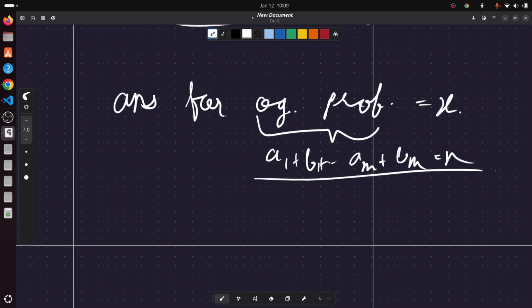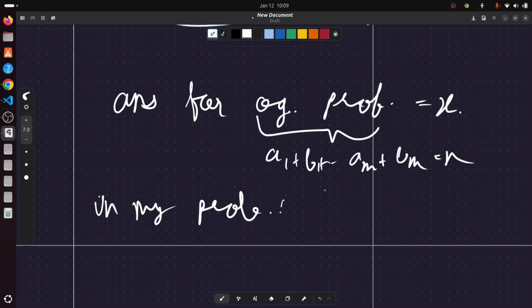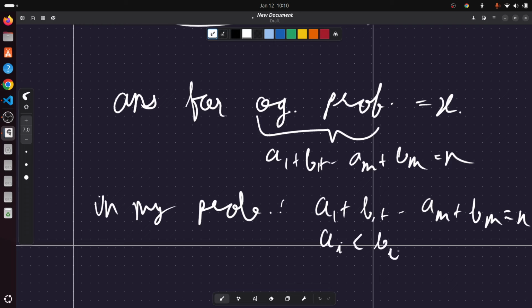But in my derived problem, this is also the condition, that a1 plus b1 up till am plus bm should be equal to n. That is fine. But I also have that for each i, ai should be less than bi, right?